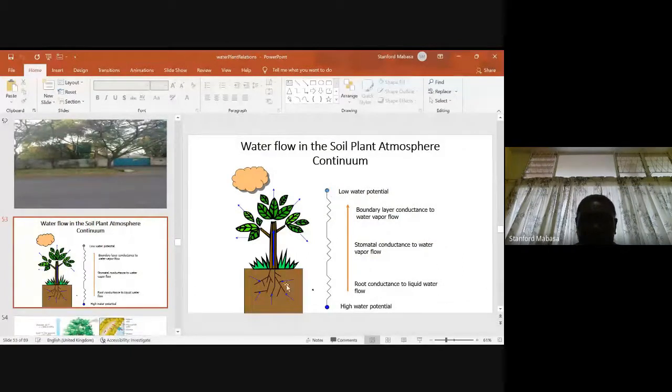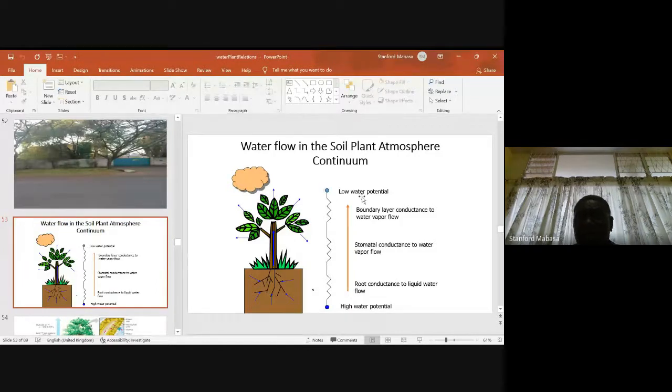So basically, we've got this plant, which has got roots and leaves. What I want you to appreciate is that in the soil, we have got high water potential compared to what is in the atmosphere or in the leaves.